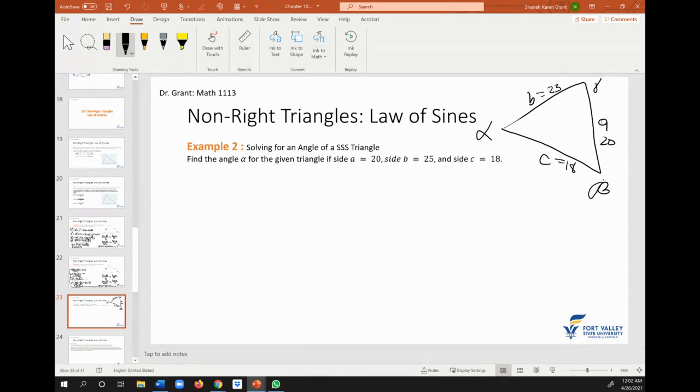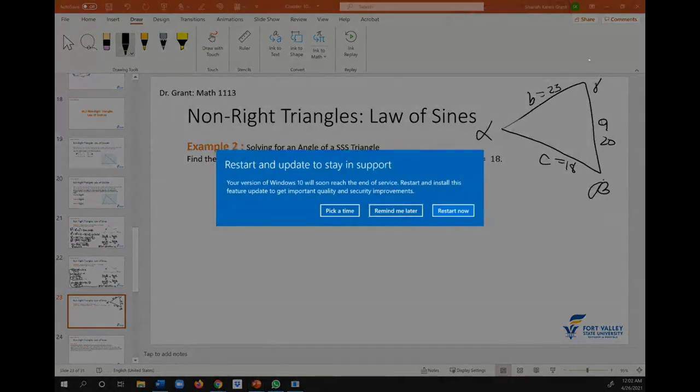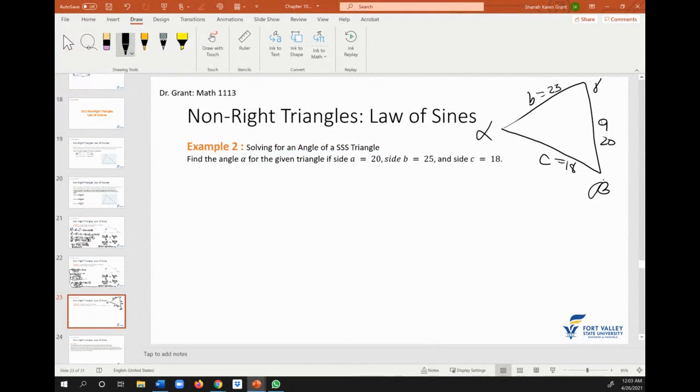Okay, all right, so now with that being said, if we want to solve for alpha, the first thing to notice is that we do not have a relationship with any angle here, so we can't utilize the law of sines. What that means is we're going to have to utilize the law of cosines.